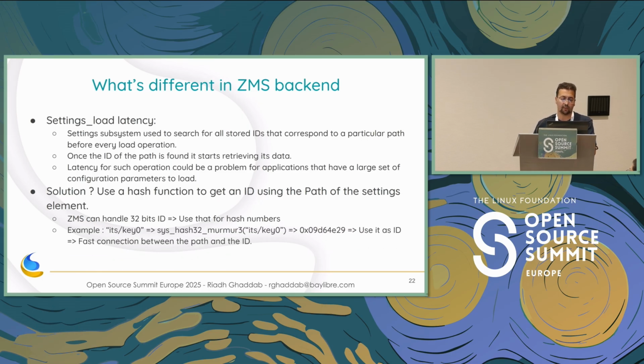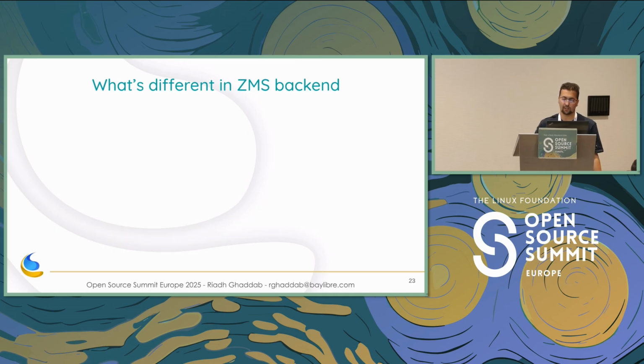So if you have a key, you hash it, you get an ID, and with that ID you have a direct path. The settings subsystem doesn't need to iterate over all the paths it has stored to find your path; with the hash function, it directly gets the ID and searches for the data. Of course, there could be some collisions between hash values, but they are handled as well.